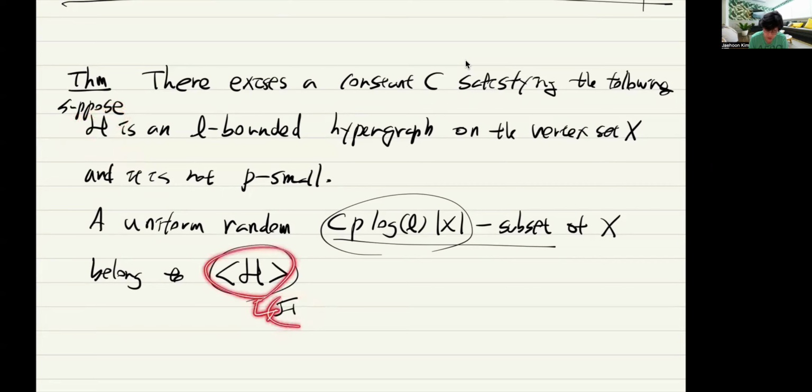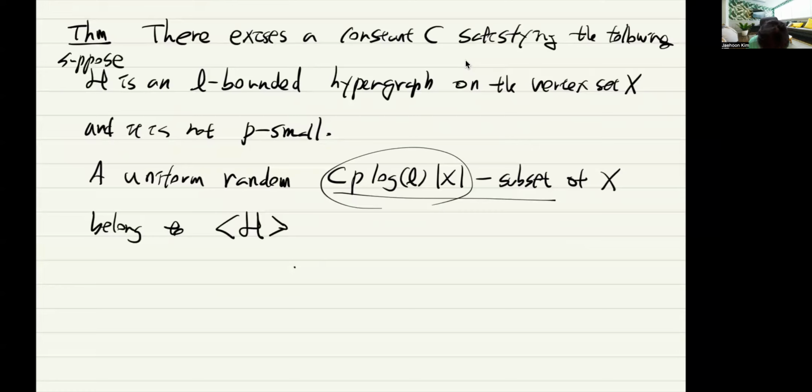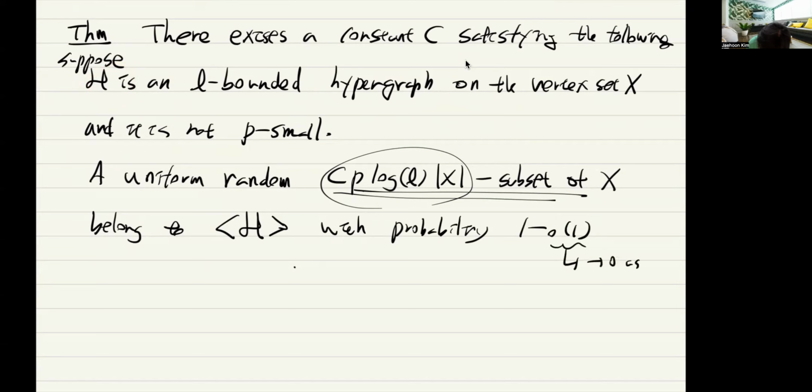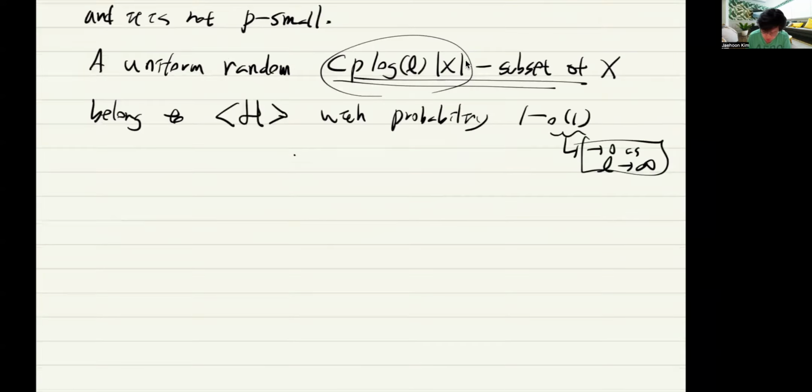So this is our increasing property, and then this is the collection of all minimal sets. And it belongs to this, meaning that it contains an element in H with high probability, 1 minus o(1). So this tends to 0 as L goes to infinity. Okay, this is what we want to prove.